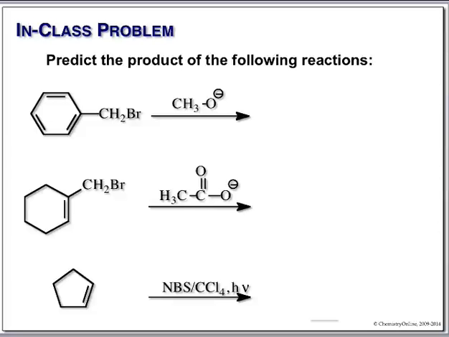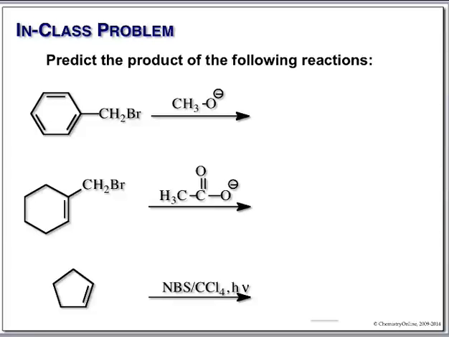All right, these first two are just simple SN2 reactions, aren't they? When you have an SN2 reaction, what you need to do is simply identify your nucleophile, your electrophilic carbon, and your leaving group. The nucleophile here is going to be the oxyanion, O-.